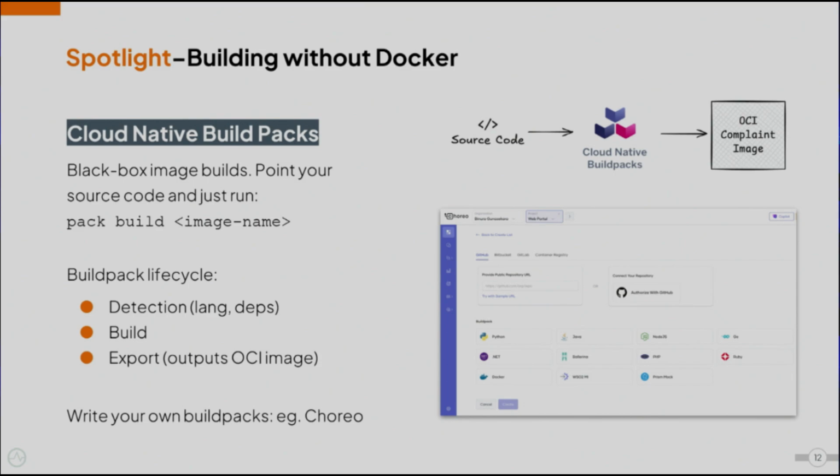There's a detection phase where it looks at the source code, the files that you have, and figures out if you're running node, then figures out which version it is, and which package manager you're using. Then it moves that metadata into the build phase, where it has the built-in logic to install the dependencies and actually compile or transpile your source code, exporting an image. That's one way to do it. This is completely hands-off.